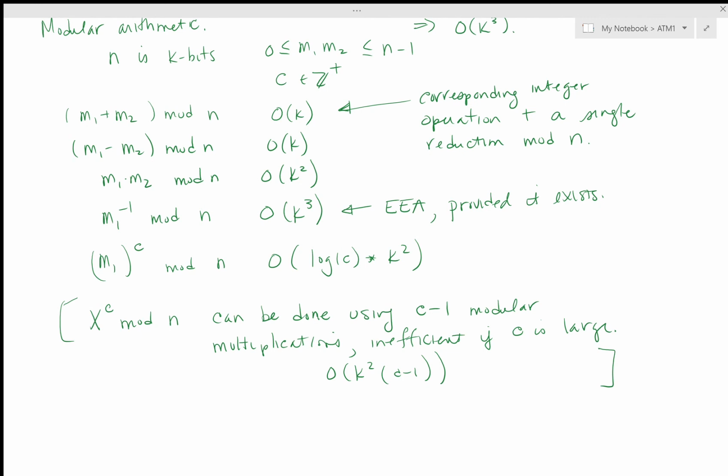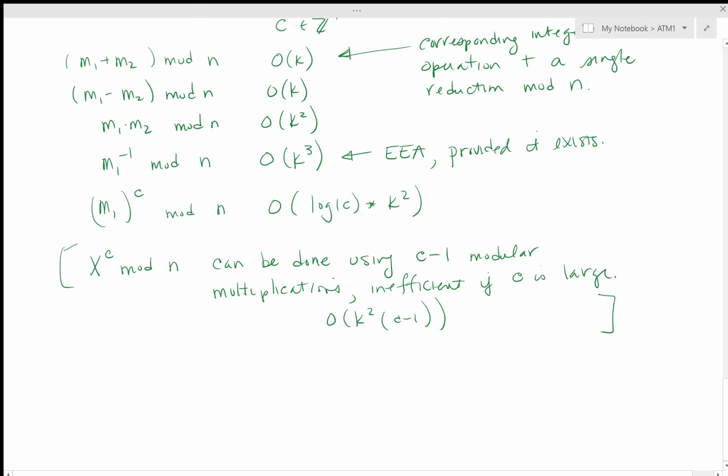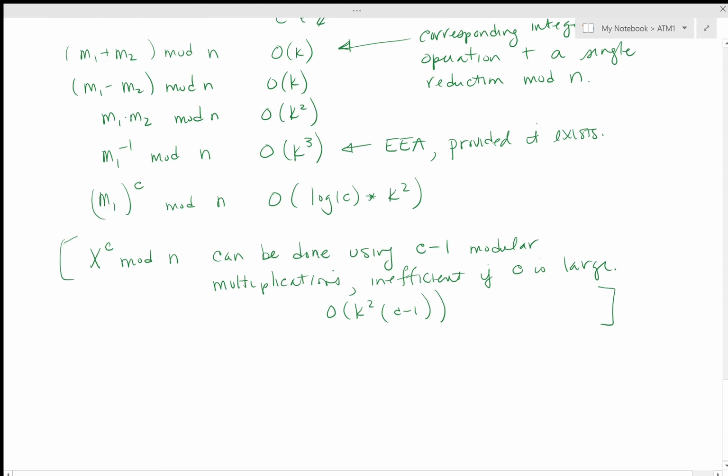In regards to the RSA algorithm, a little RSA side note: the exponent c that we're using can be as big as phi of n minus 1.